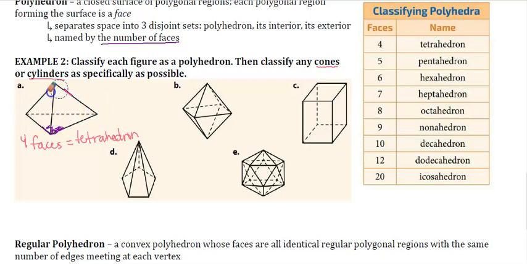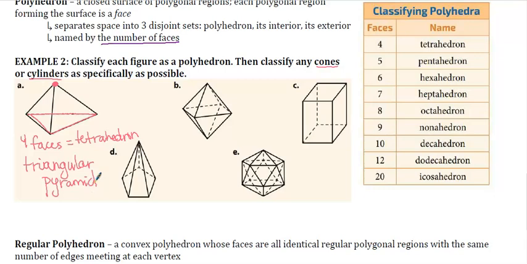Okay, so how specific can we be? Well, let's think. Remember, it has a base that's the shape of a triangle, and it comes to a vertex, so that makes it a triangular pyramid.